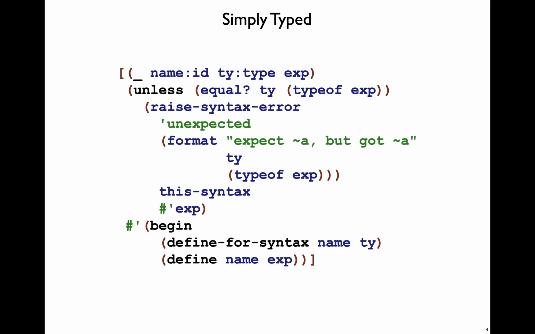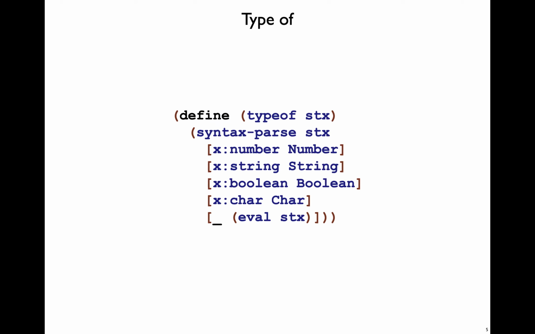And here, type of is a helper. Let's take a look. Type of basically only cares about literals, and evals the rest of possible syntax.